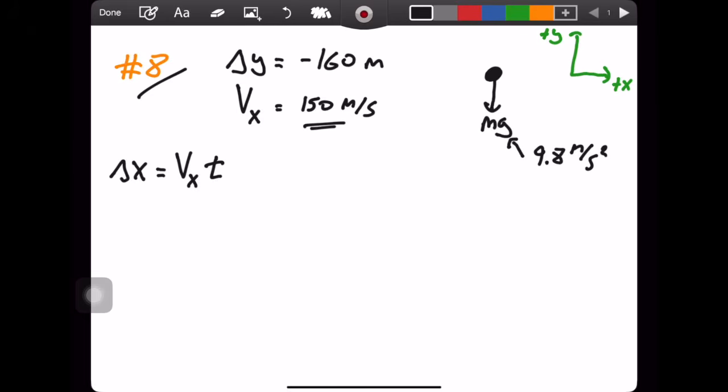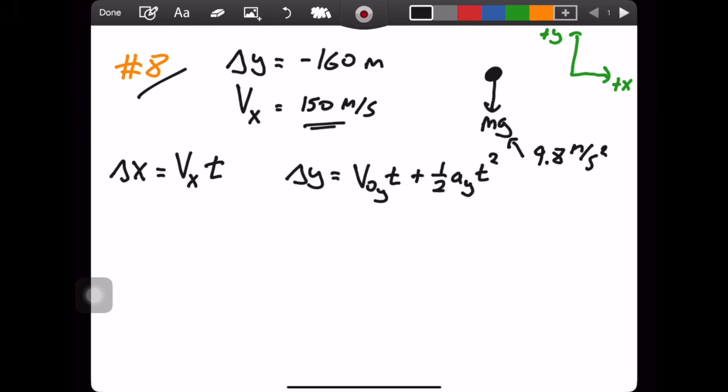More specifically, we can think of delta y as equal to whatever the initial velocity in the y direction is, multiplied by t, plus 1/2 a_y t squared, where a_y is the acceleration in the y direction. This is one of the kinematic equations for constant acceleration, and when we're talking about gravity, g is a constant acceleration.